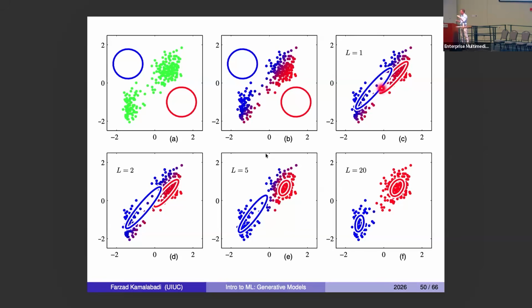So this is the new Gaussian, this is the new Gaussian, and then you iterate, and at the next level it becomes more concentrated. By the time you're at L5, you have these two Gaussians, and then finally you get to this picture, where you have clustered your data according to a mixture of two Gaussians in this example.